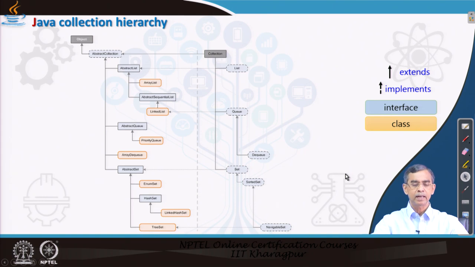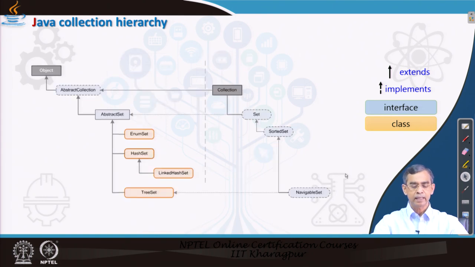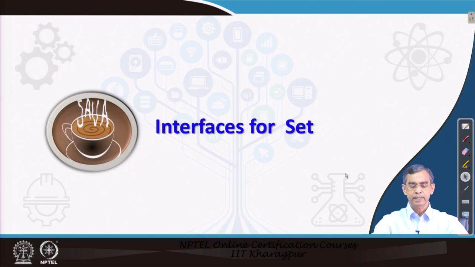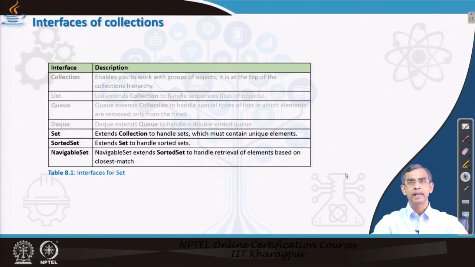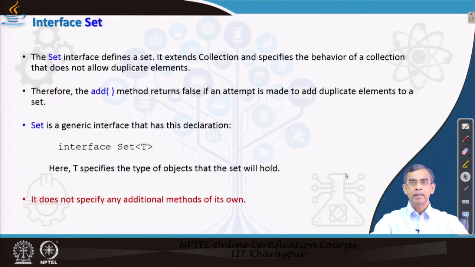Now, let us see the interfaces we have mentioned, namely set, sorted set and navigable set. Like other collections that we have studied so far, set is also of a generic form. That means it is allowed to include elements of any type. That is why set is an interface on a generic type, so only one type of collection it can store, and only one template parameter is specified here.